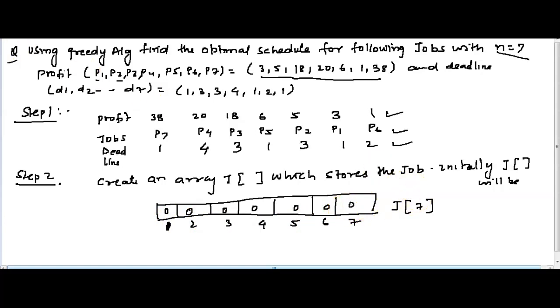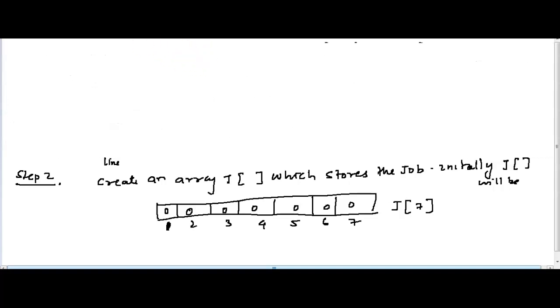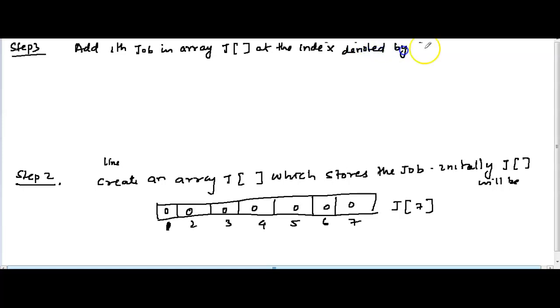Now in step 3, you have to keep updating the values of the job. Add the ith job in array J, at the index denoted by its deadline Di.